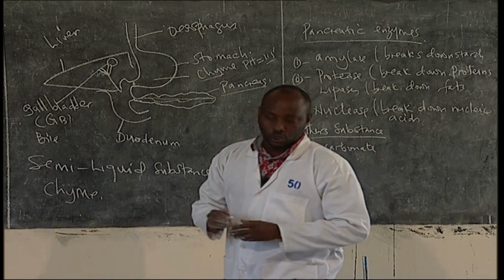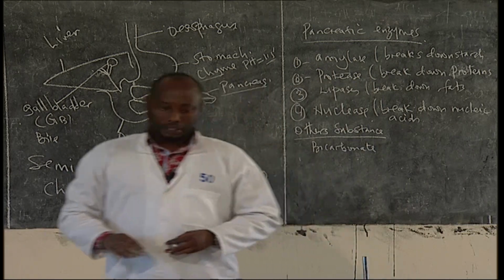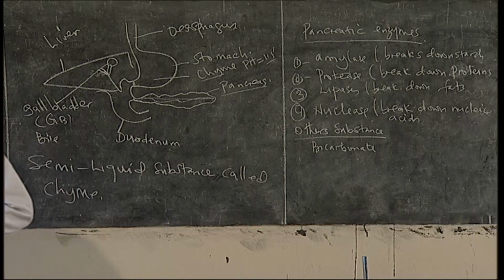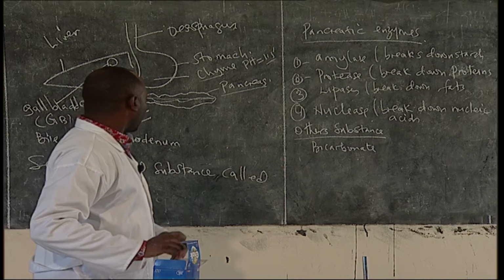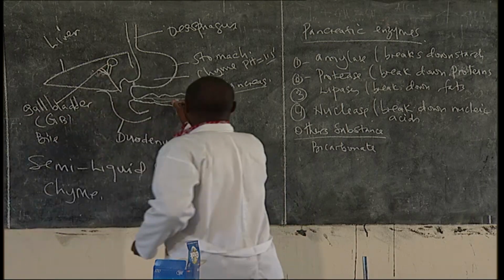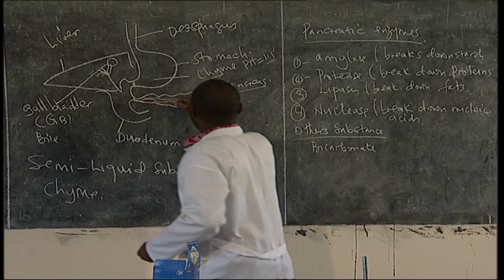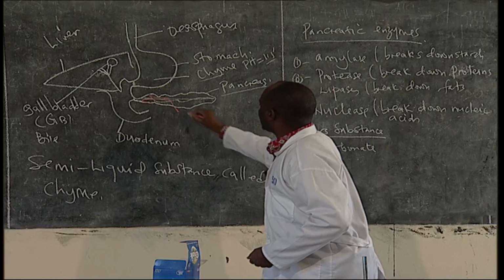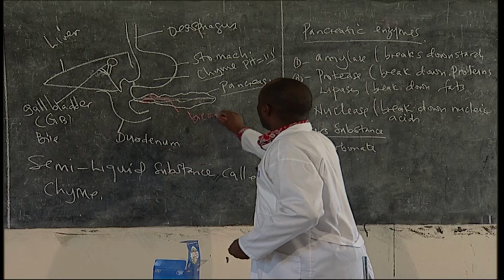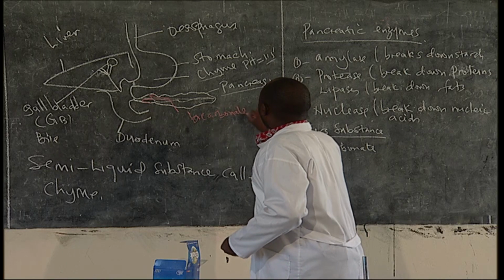I can try to show you. Let me take a piece of chalk. This is the diagram showing the pancreas, which is going to release some enzymes and also release bicarbonate, which is very important.